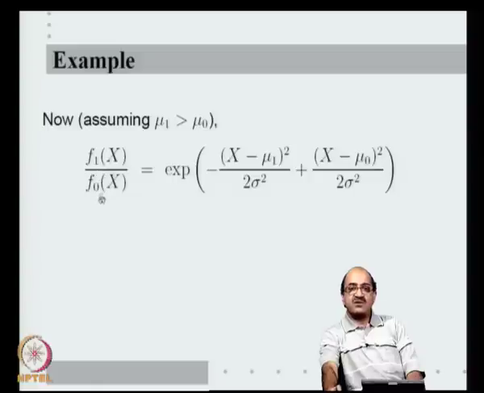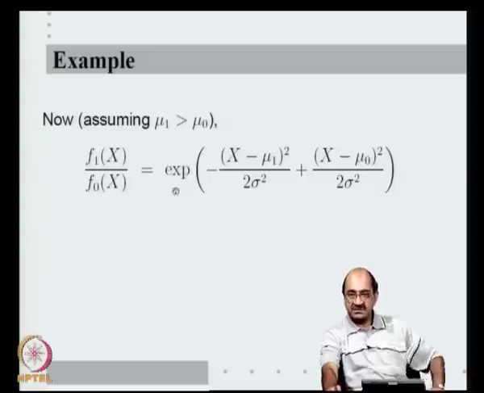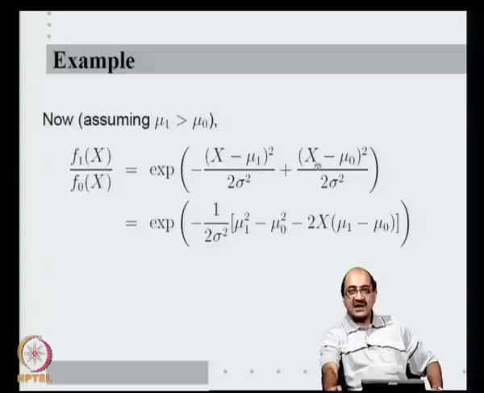Because both f1 and f0 are normal, it is easy to see f1 by f0 is exponential of minus (x minus mu1) whole square by 2 sigma square plus (x minus mu0) square by 2 sigma square. The other factors 1 by sigma root 2 pi will cancel, right. Now, we can expand this, the x square term will cancel. So, what will I get?